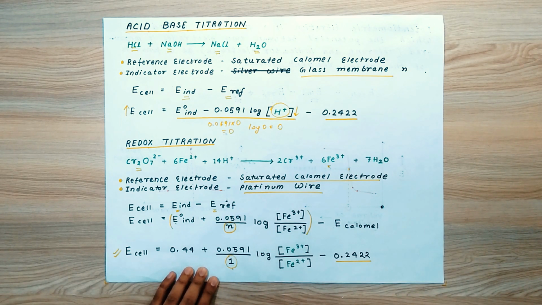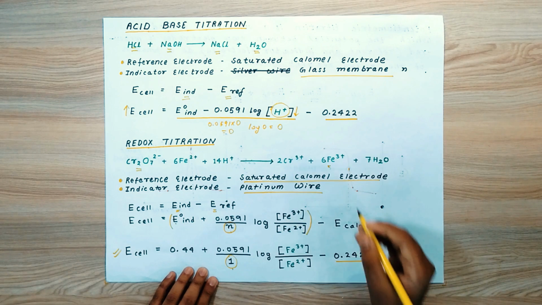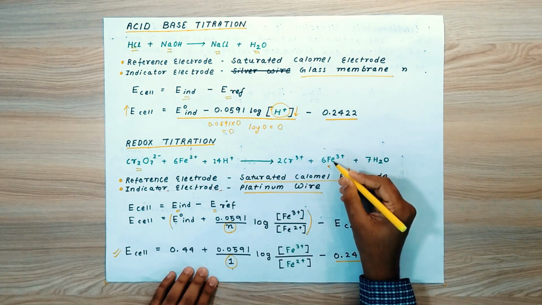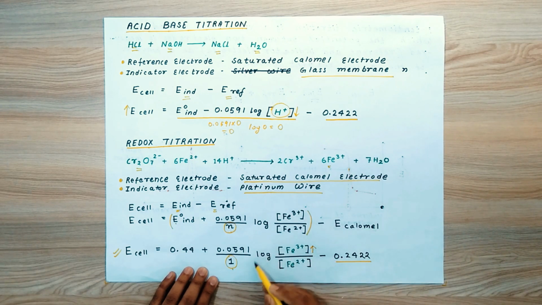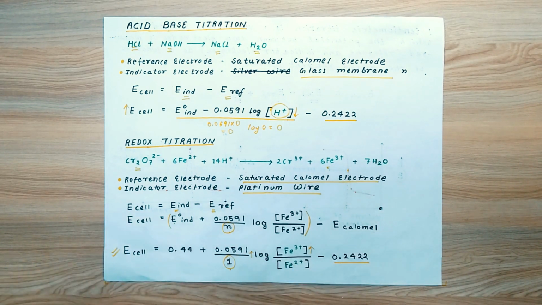Now again concentrate on the fact that as we approach the endpoint, the concentration of the Fe3 plus ion increases. So as the concentration of this Fe3 plus ion increases, there is an increase in this total log value. As the total log value increases, it gets multiplied with this value, and this whole thing adds up with the total cell potential.